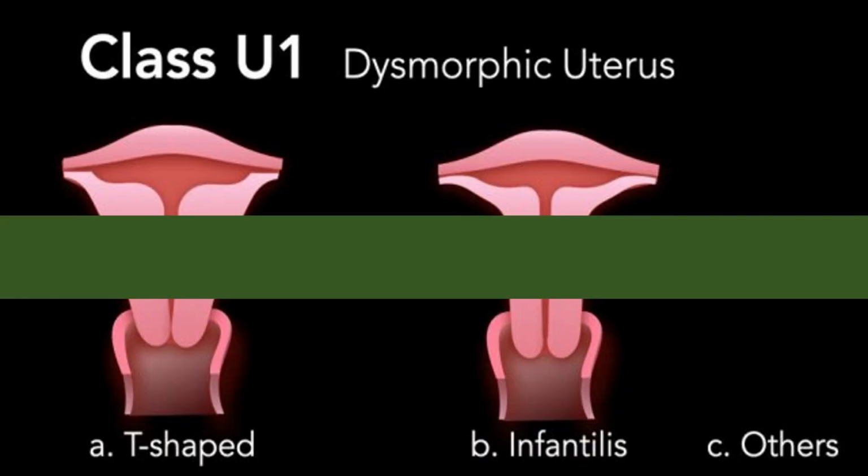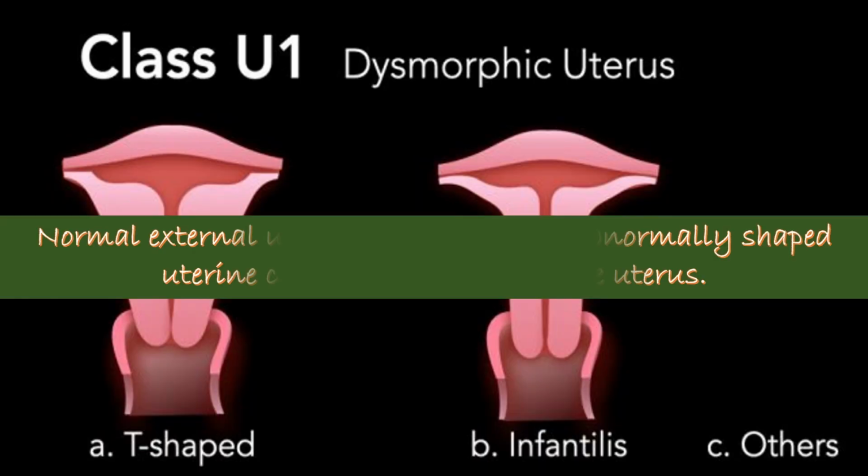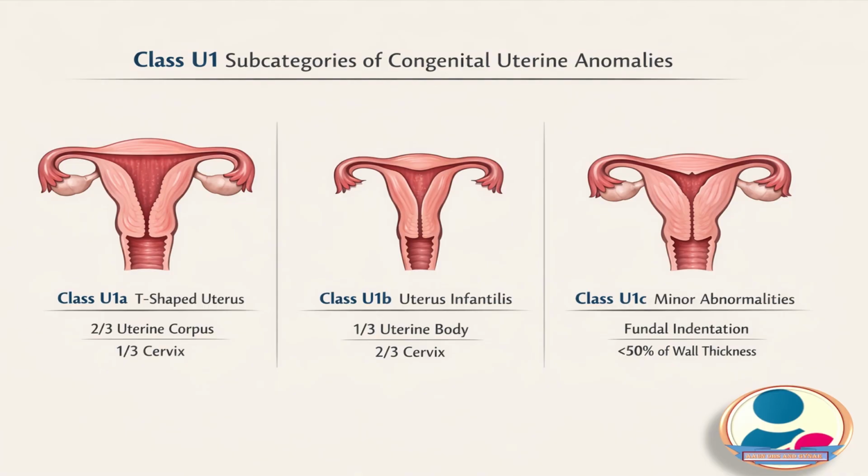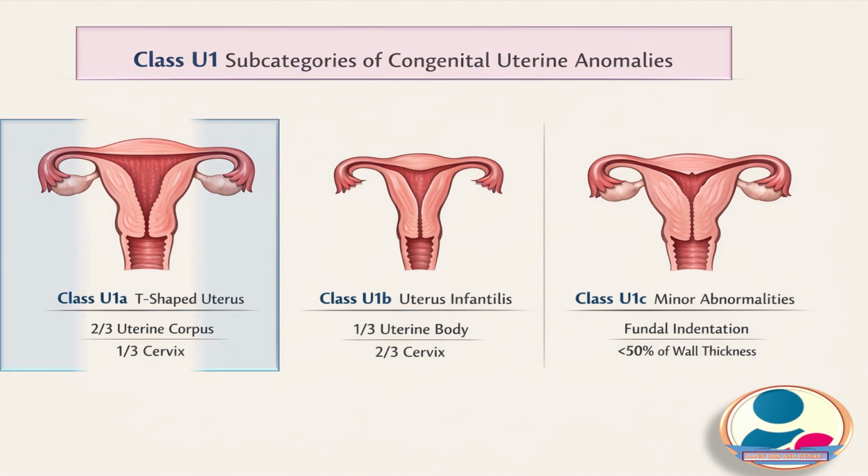Class U1 includes dysmorphic uterus, which includes all cases with a normal external uterine outline but an abnormally shaped uterine cavity, excluding septate uterus. Class U1 is further subdivided into three categories. Class U1A is T-shaped uterus, characterized by a narrow uterine cavity due to thickened lateral uterine wall with a corpus to cervix ratio of approximately 2/3 of the uterine corpus and 1/3 of the cervix.